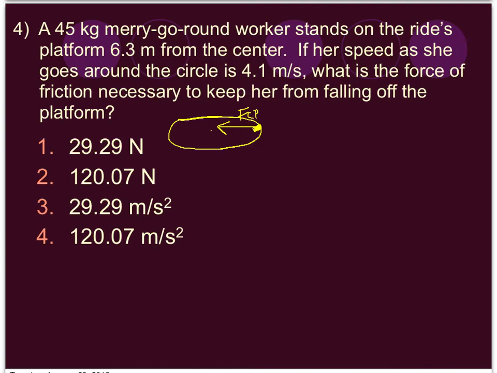That thing that's providing the centripetal force here has to be the force of friction. So we can say that the force of friction is equal to our centripetal force. I can now substitute in our new equation. So the force of friction, which provides the centripetal force in this problem, is going to be mv squared divided by r.